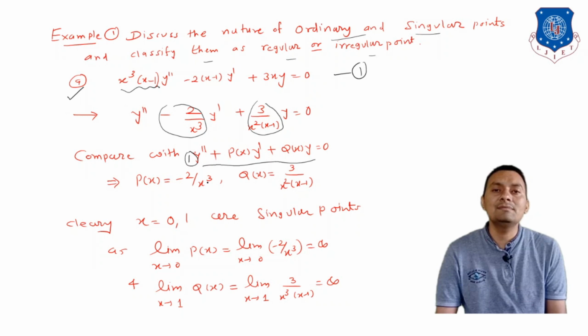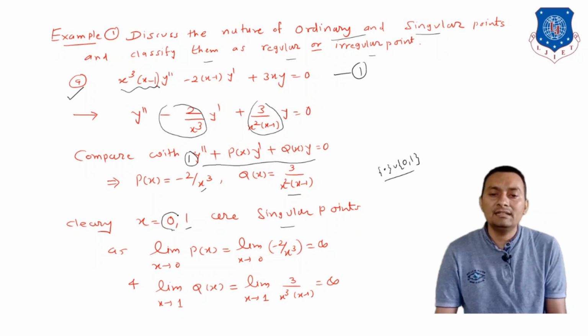Exactly a singular point, meaning the function is not well defined. So which are the points where the function is not defined? We can say x is equal to 0, but here two functions are there, so what are we going to consider? We are going to consider only the union of these two functions. That means we have that 0 and 1 are the singular points. Also you can verify how we can say this.